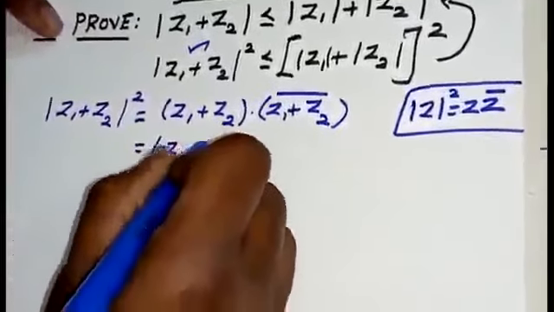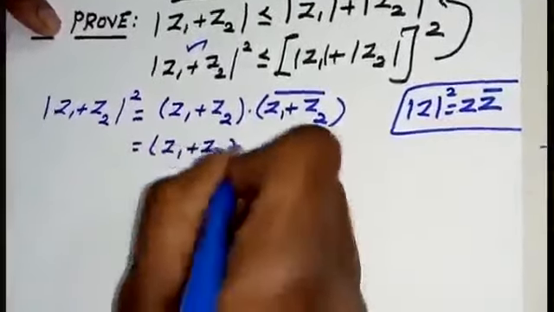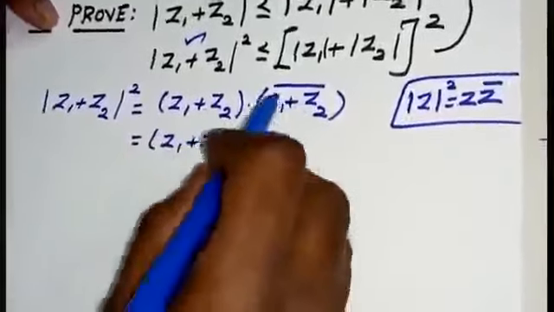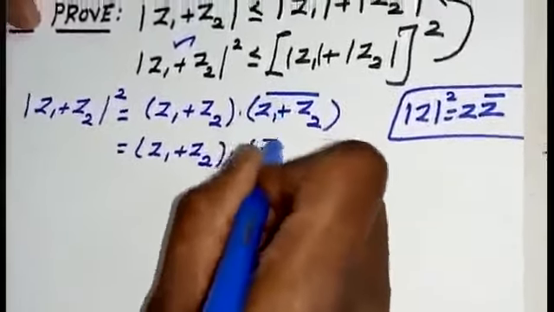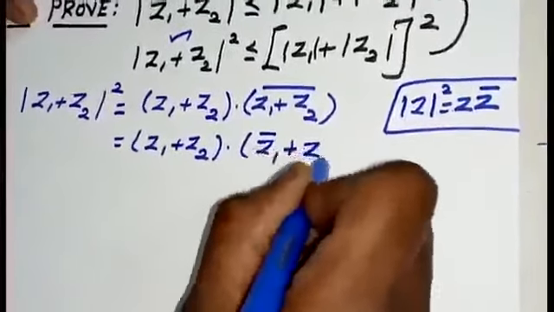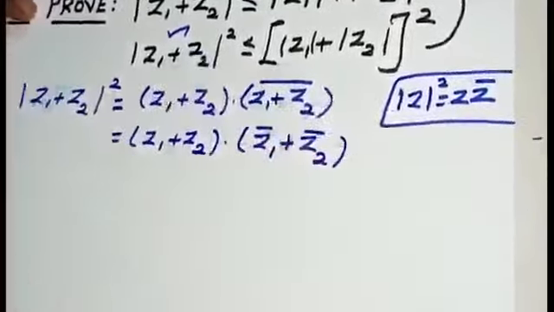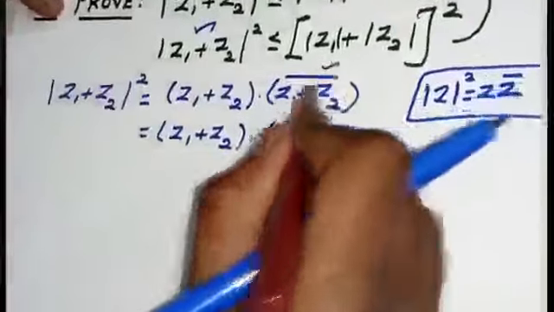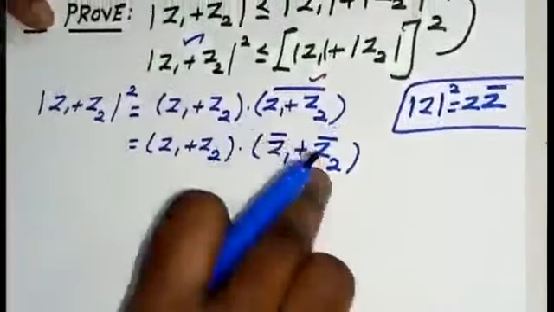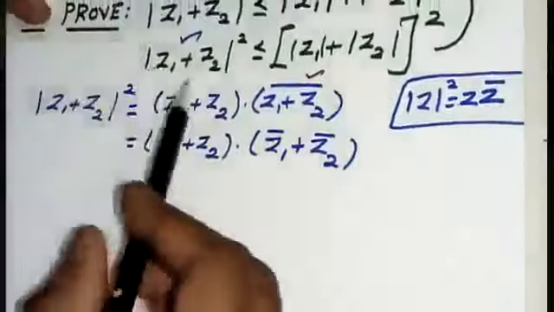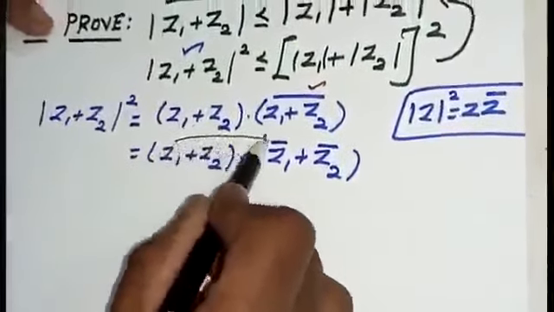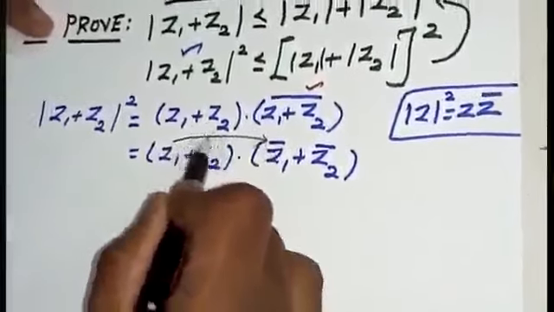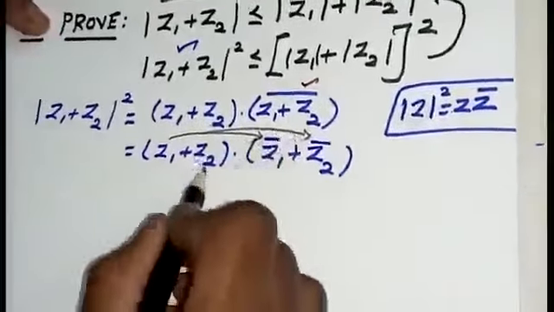Second, what I am going to do is write modulus of z1 plus z2 into, I am writing this as it is, and the bar sign can be written like this, that is z1 the whole bar plus z2 the whole bar. I am splitting this bar sign into 2. Next, I am going to multiply the complex numbers, that is z1 into z1 bar, z1 into z2 bar.